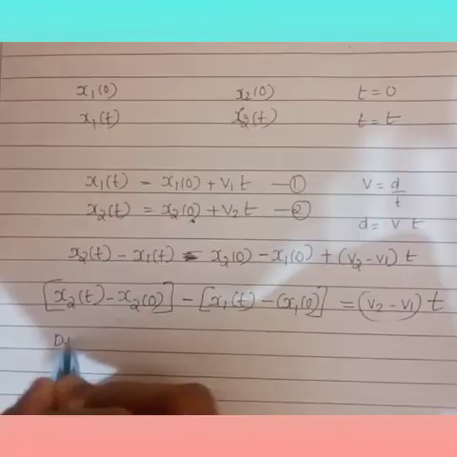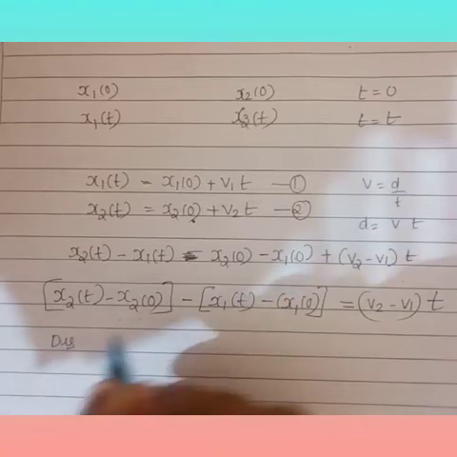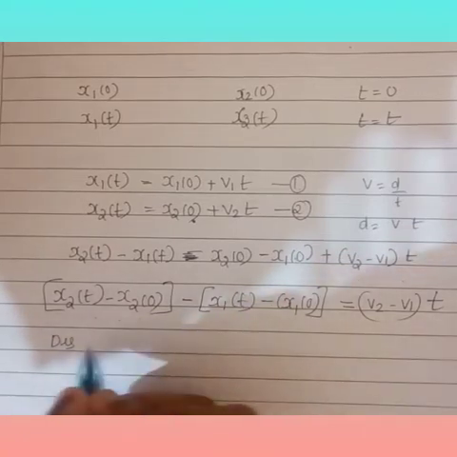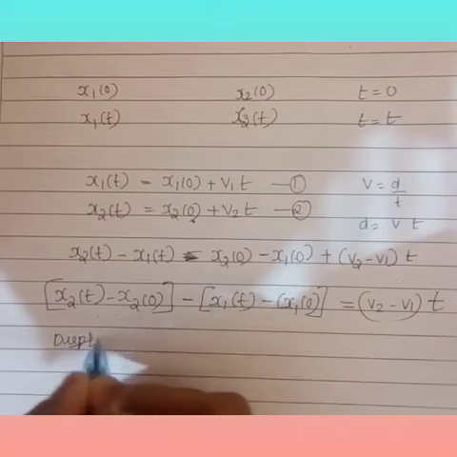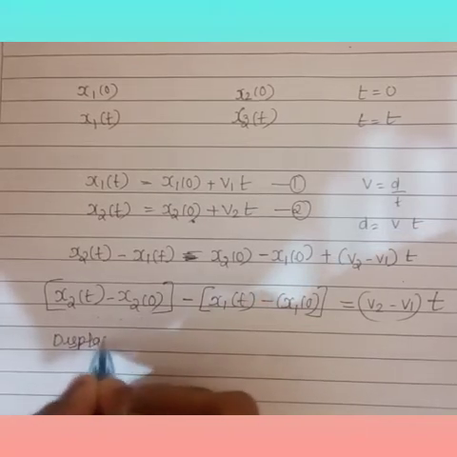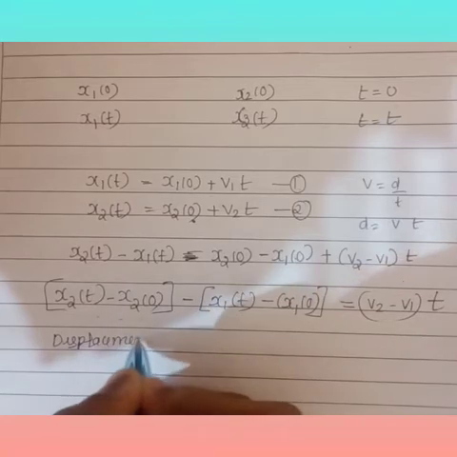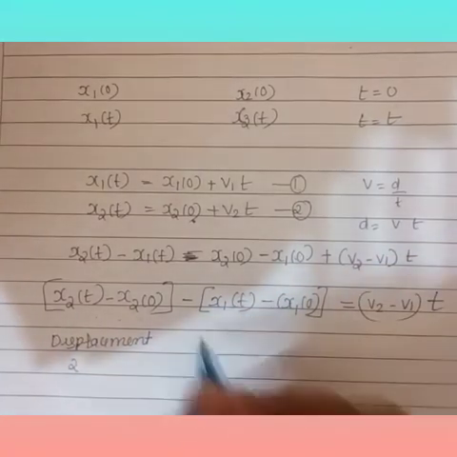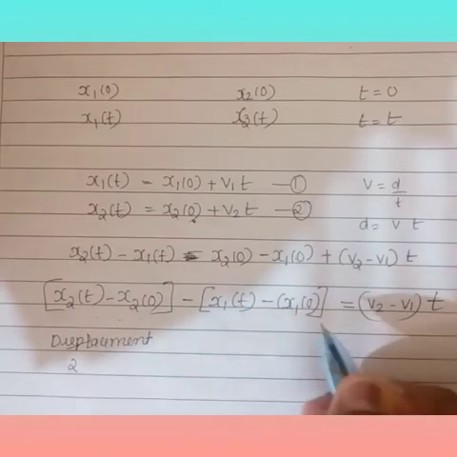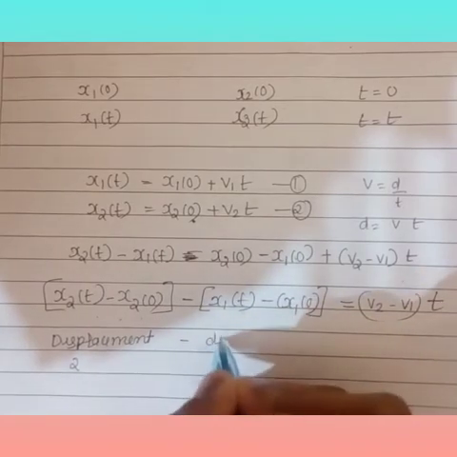Now x2 t minus x2 0 means the displacement of object 2 in time t, and x1 t minus x1 0 is the displacement of object 1.